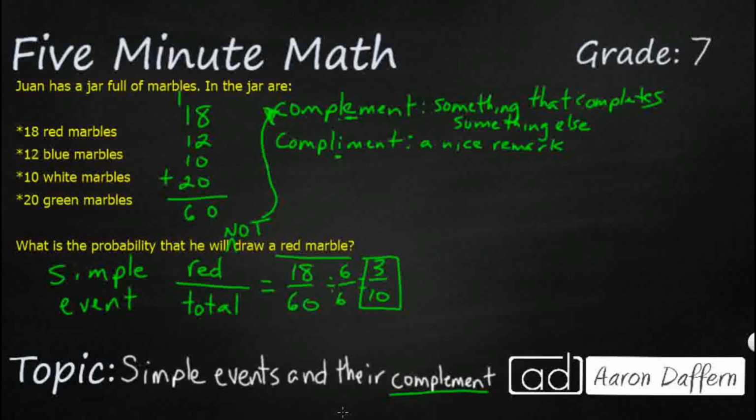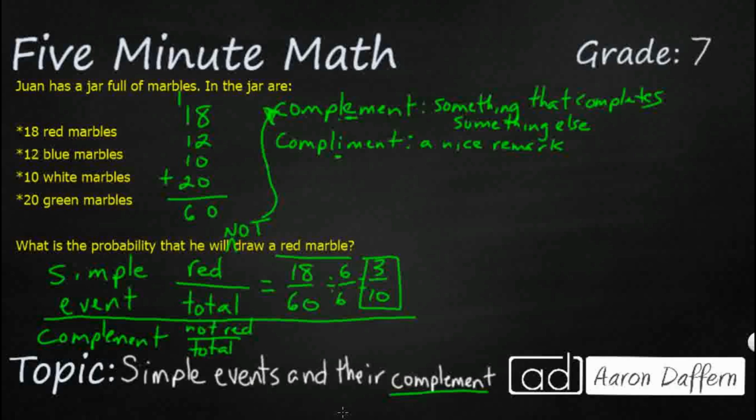Well, what we're going to do then is let's just go ahead and break this apart here. It's going to be our not red, right? Because the complement is the probability that it's not going to happen over the total.